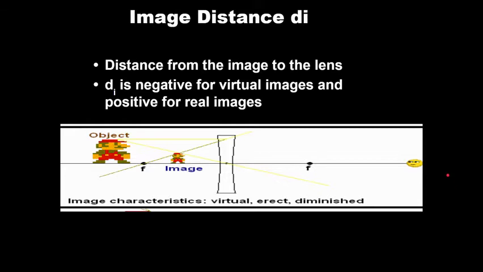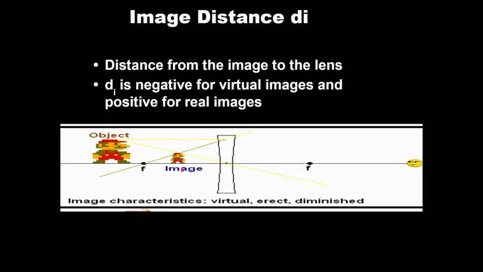The image distance is the distance from the image to the lens. Notice this image is on the same side of the lens as the object, and it is upright. So this is a virtual image. It's formed on the same side as the object, but this image distance is considered negative.